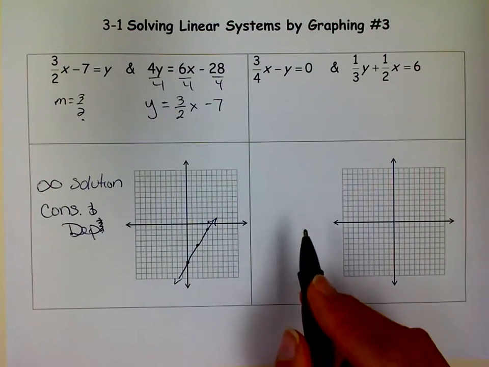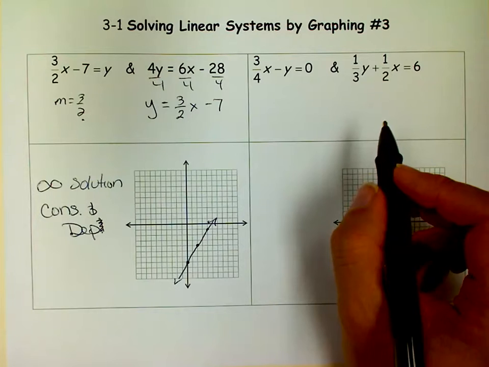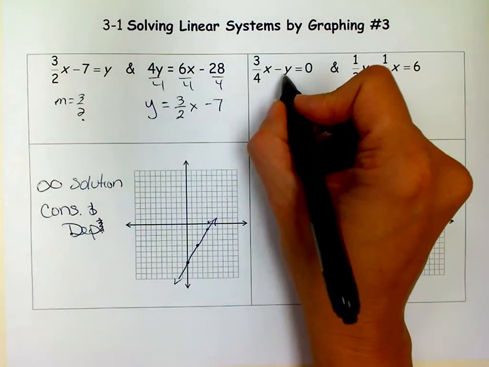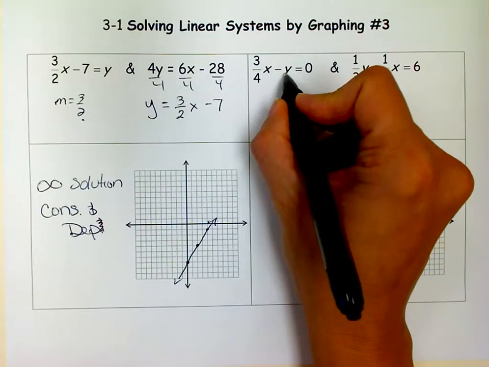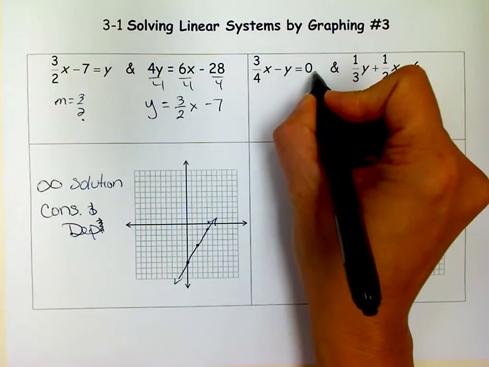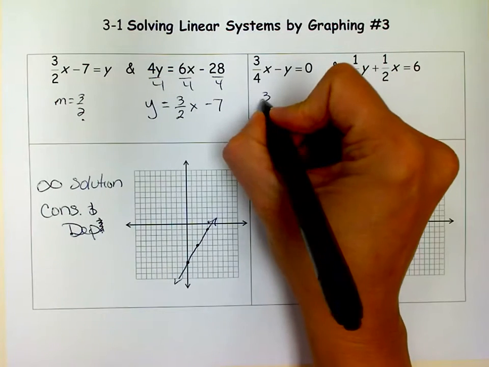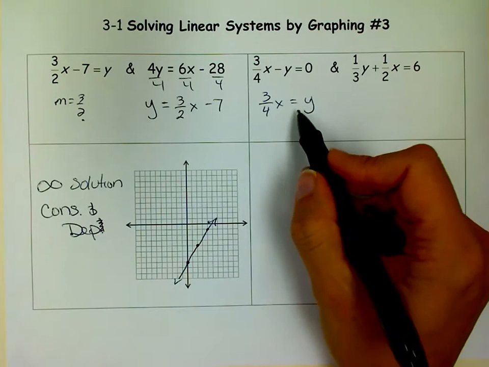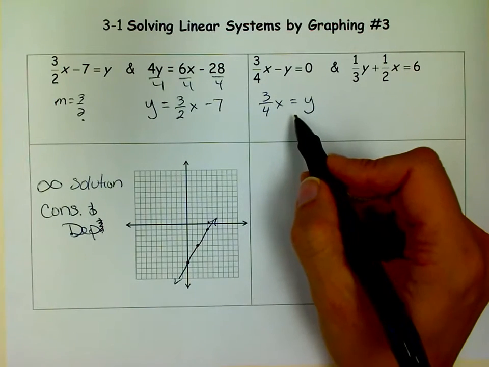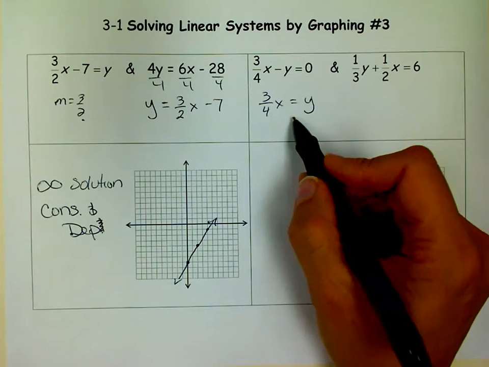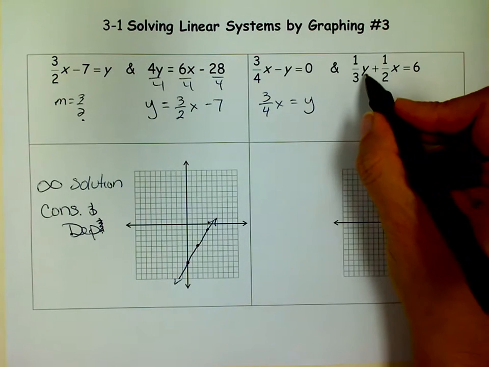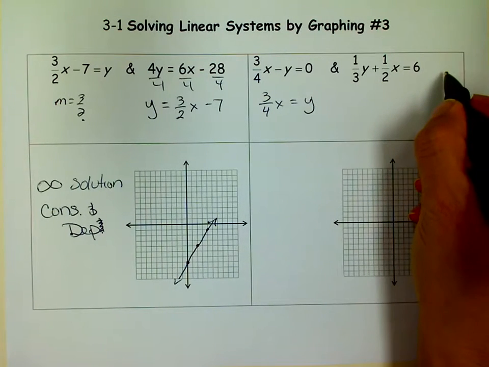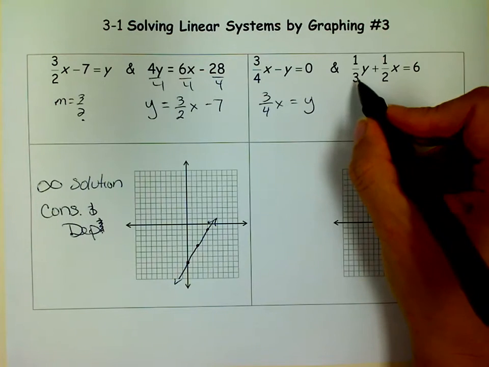Okay, the next one, we need to get these in slope-intercept form. So this y is easiest to get alone if I just bring it over here. So I'm going to add y to both sides, and I get 3/4 x equals y. Notice that there's no b, which means our y-intercept is 0. Over here, to get y alone, first I need to move the 1/2 x over, and then I'll get rid of that 1/3.